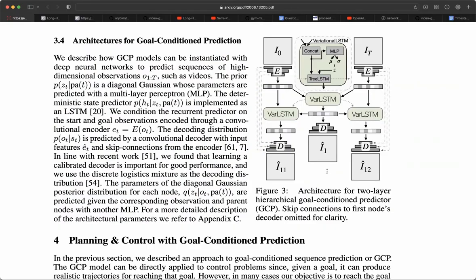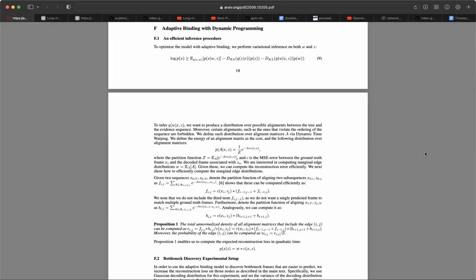So partially, this problem can be solved again by this stochastic component. But additionally, an adaptive binding approach was introduced for better alignment of two sequences using dynamic time warping. If there are two sequences which reach the same destination at different time steps, we can use the dynamic time warping approach to synchronize corresponding states in a sequence.